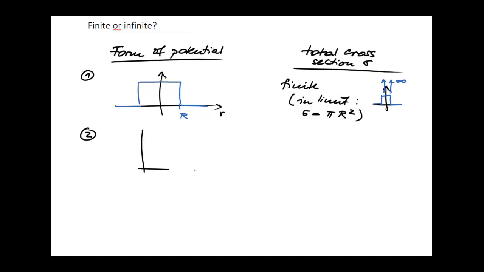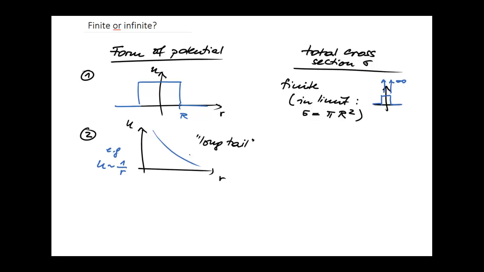Let's consider a second example, a potential of that form. For example, a Kepler type that goes like 1 over r. Loosely speaking, it's a potential with a long tail. It goes to zero at large distances, but rather slowly.